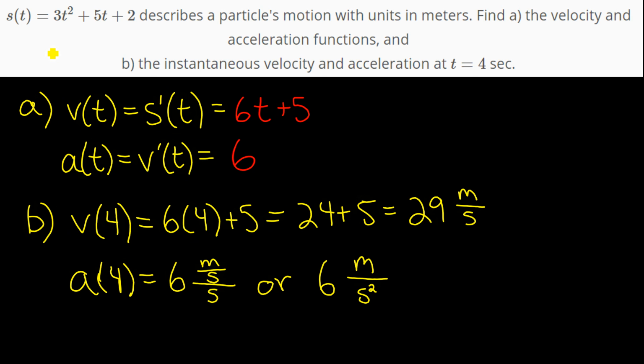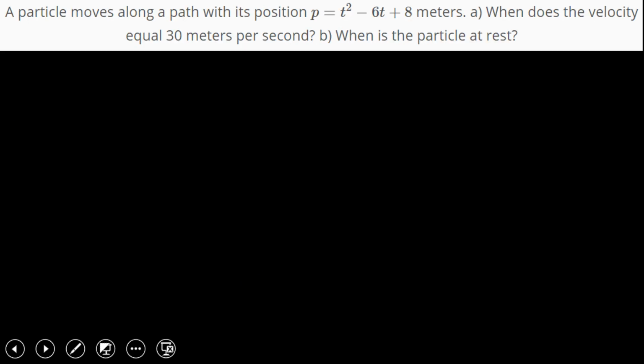Now, let's look at another problem, kind of similar, but we're going to be given some different types of information. So we've got a particle, it moves along a path with its position function being t squared minus 6t plus 8 meters. When does the velocity equal 30 meters per second? So what we need to figure out for A is, when does the velocity, so keyword when, that means we're trying to figure out a time.